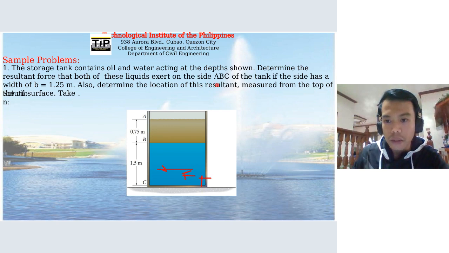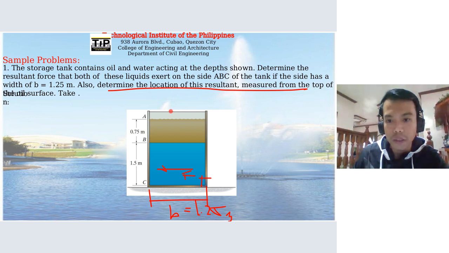So given tayo ng width. Okay. So yan yung width ng base, 1.25 meters. And then, kailangan din natin i-determine yung location of this resultant measured from the top of the surface. So, kailangan nating isolve yung y sub Cp.